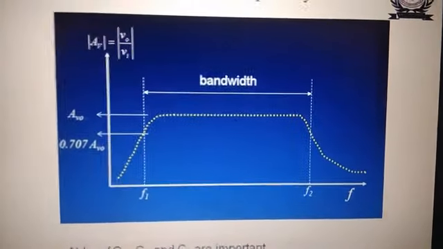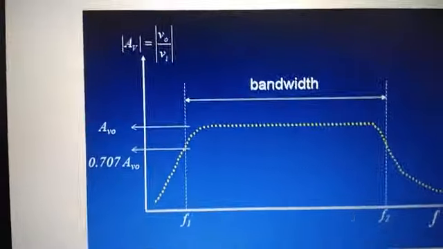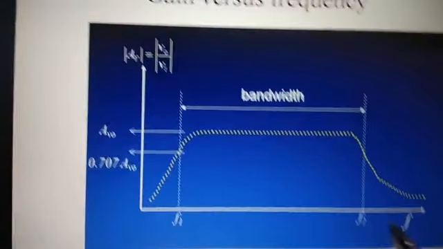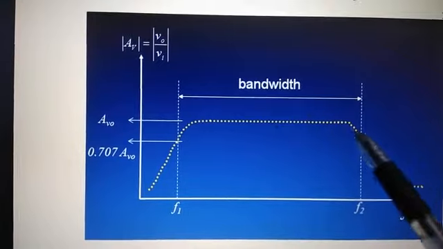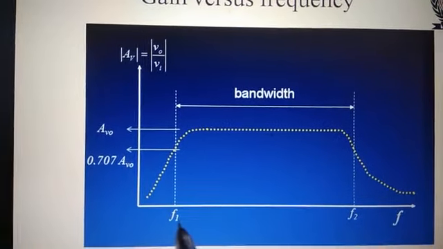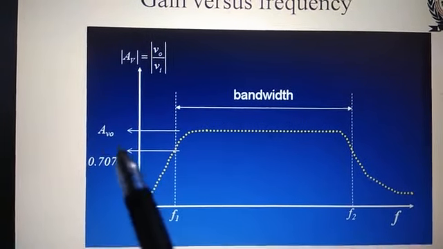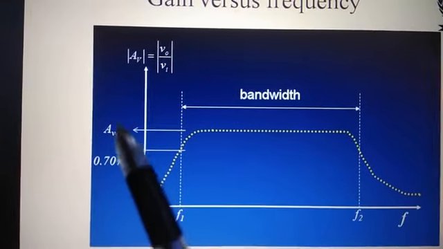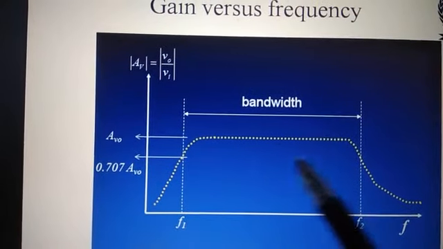So this is the frequency response shown here. This is the voltage gain on the vertical axis, V naught upon Vi, and here is the input frequency. You will get this constant gain here. This is called the bandwidth. This is one cutoff frequency, and this is another cutoff frequency, which can be obtained at the highest gain into 0.707, or if this is in dB, we take the lower 3 dB points as the cutoff frequencies.